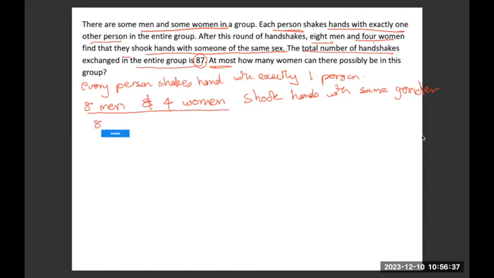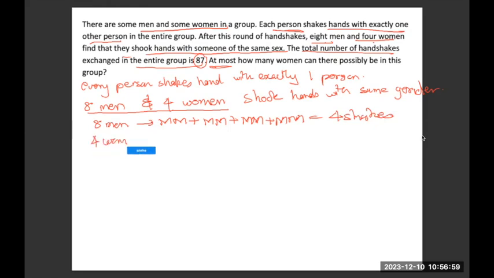So 8 men will have 4 handshakes, men with men. So there will be 4 handshakes, and for 4 women it will be 2 handshakes.